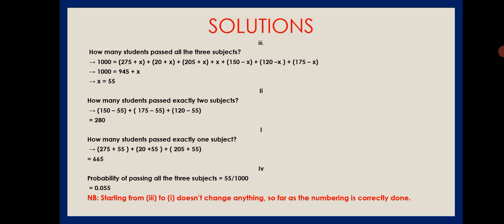So it's going to be the 55 over the total number of students who wrote the exams. So 55 over 1000. We can't leave our answer in fraction form. We need to simplify. So we get our answer to be 0.055.